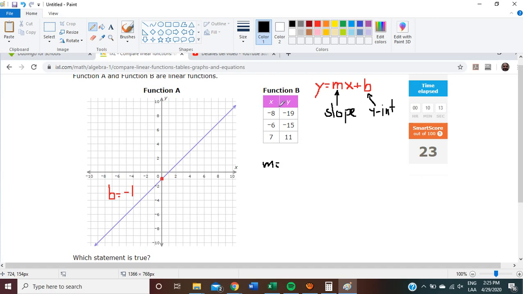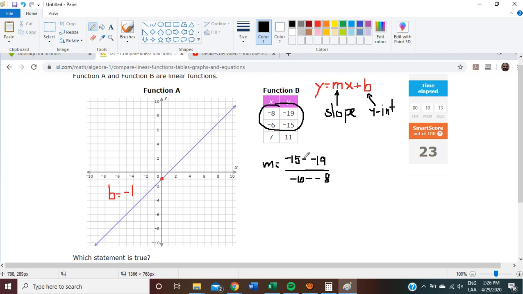So let's say that I want to use these two numbers. -15 minus, always write the minus first, minus this number, -19, divided by the change in x, -6 minus -8.